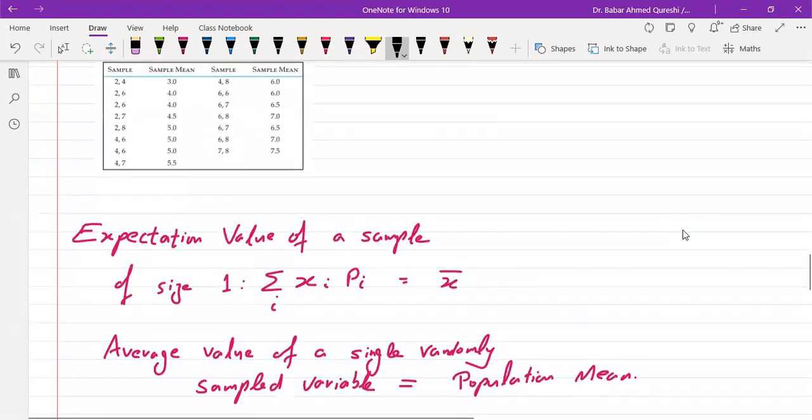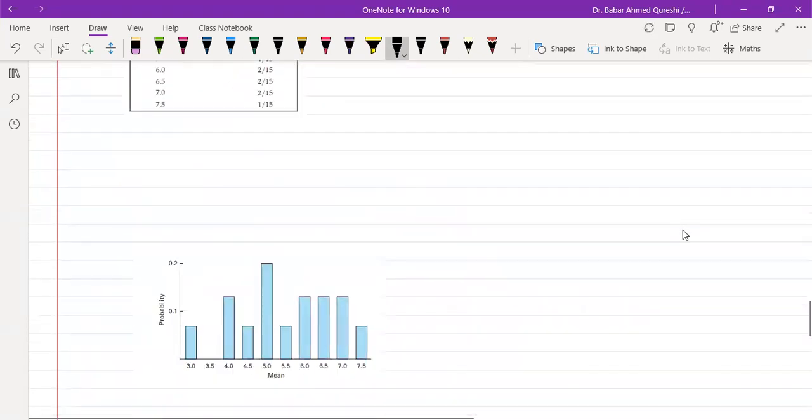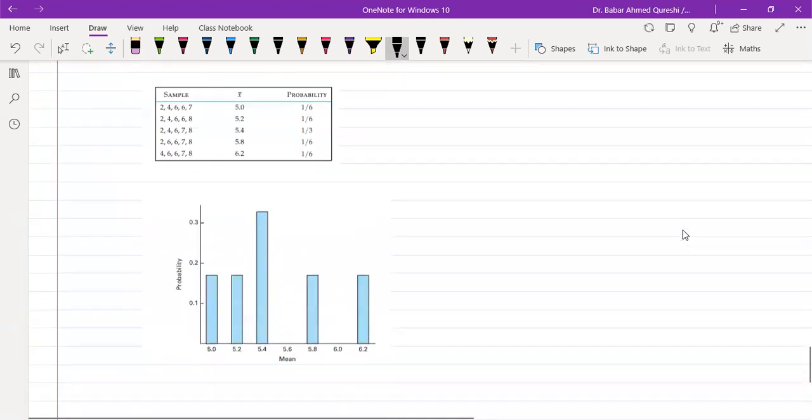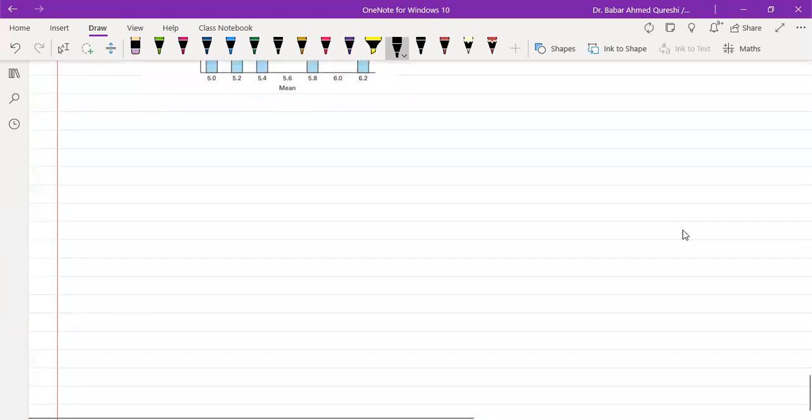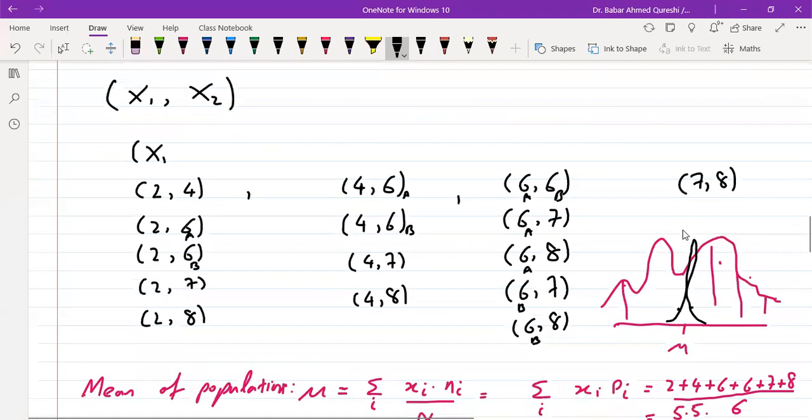Now I will use these things later. Let me go down here. I compute the mean of the sample. That's not the probabilistic mean, that's the arithmetic mean. What is the mean value of the two numbers you have got?